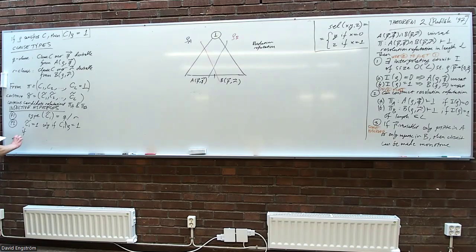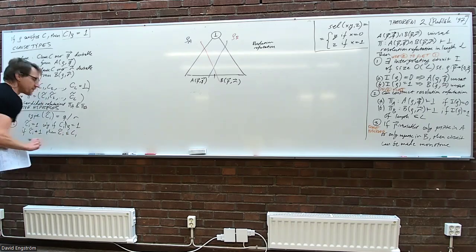But if that doesn't hold, so if Ci tilde is a real clause, not the trivially satisfied clause, then it also must hold that Ci tilde is a subset of Ci.